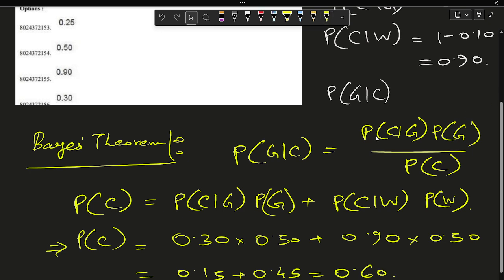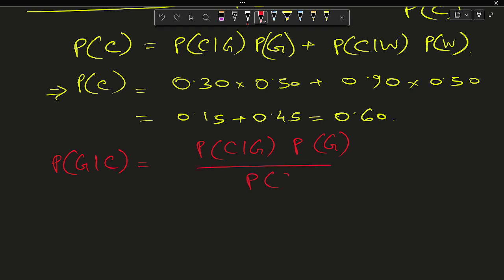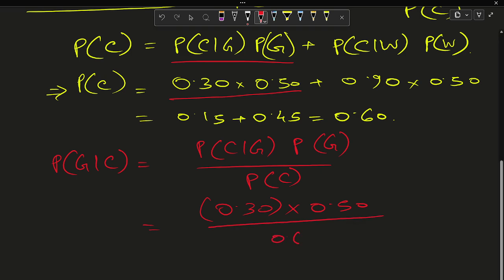Now we have to calculate P(G|C), which is equal to P(C|G) into PG divided by PC. That is 0.30 into 0.50, divided by 0.60, which equals 0.15 by 0.60.